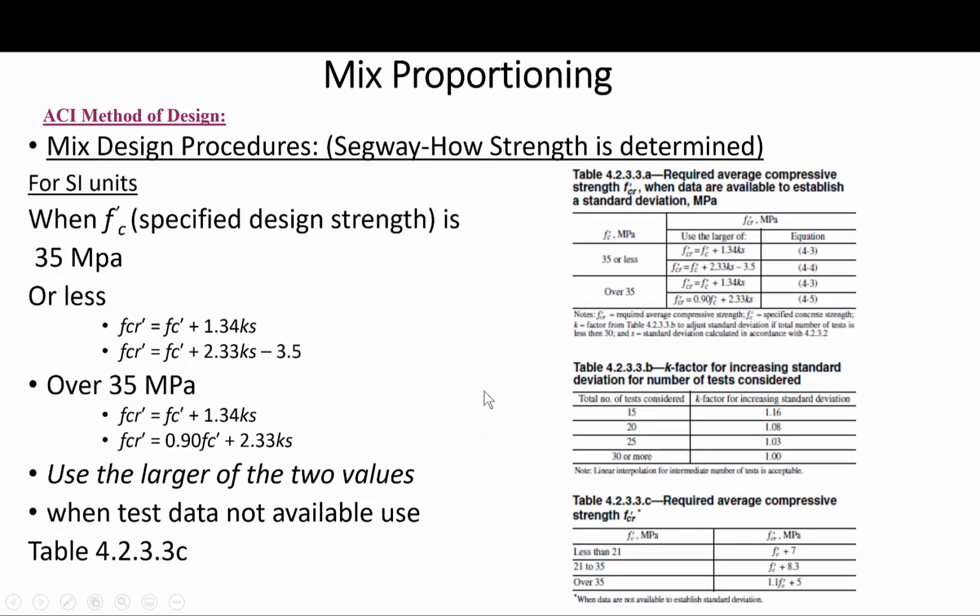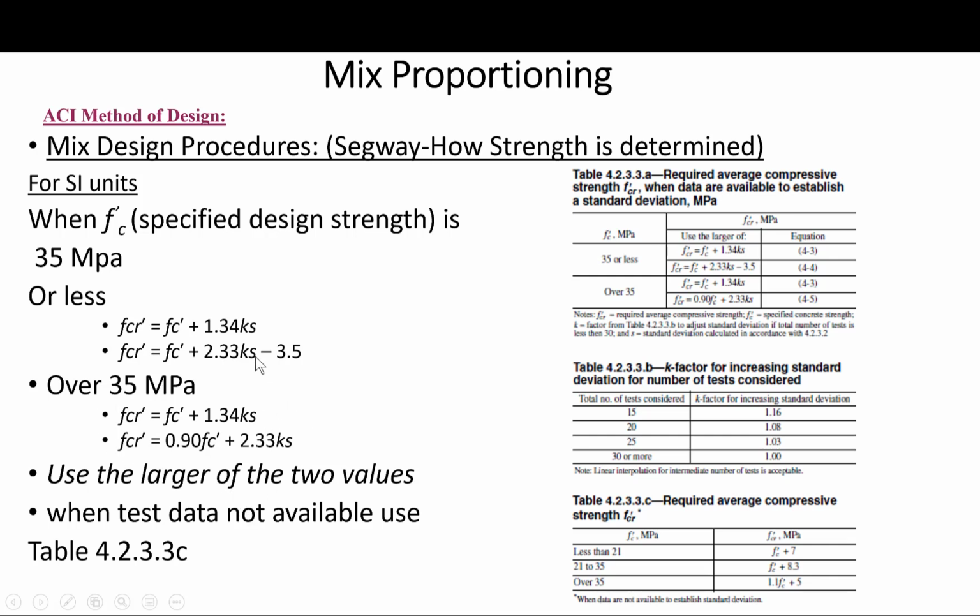That was based on US units. This one here is based on SI units. So when the specified design strength f'c is 35 MPa or less, we use these equations to get the required strength of the mix. For over 35 MPa, these are the equations to use.